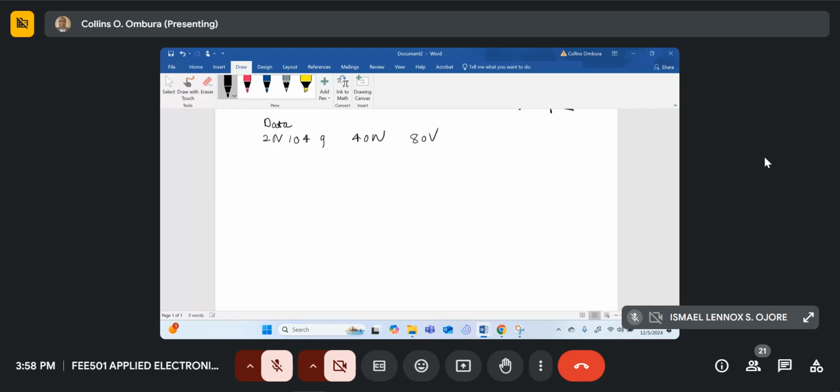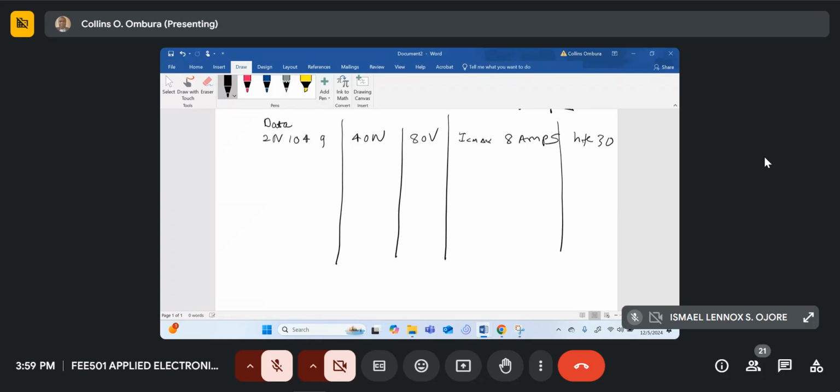IC max is 8 amps. HFE is 30. So maybe I'll just put a column for that.